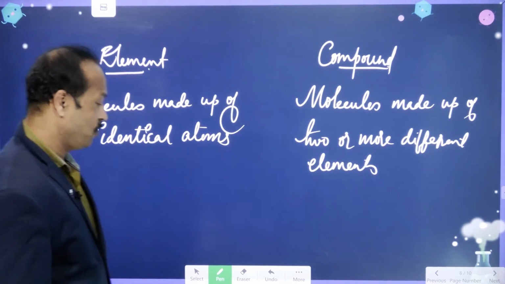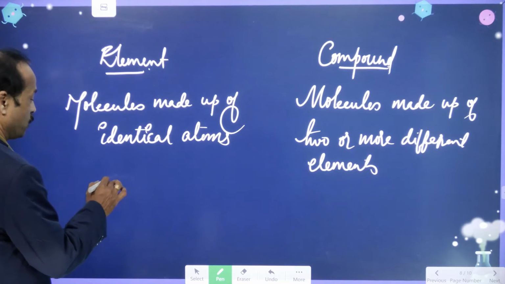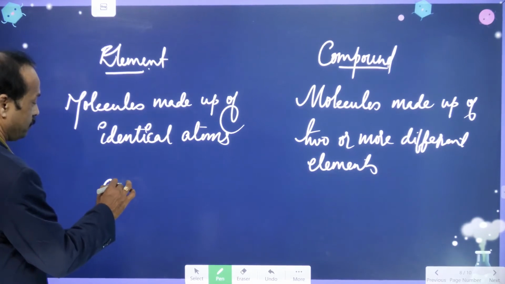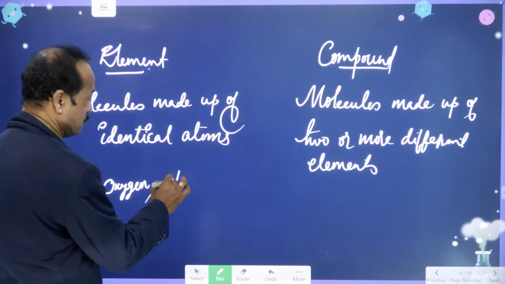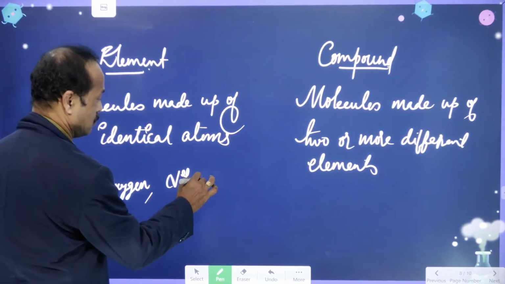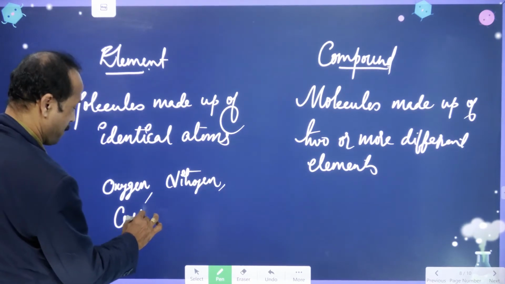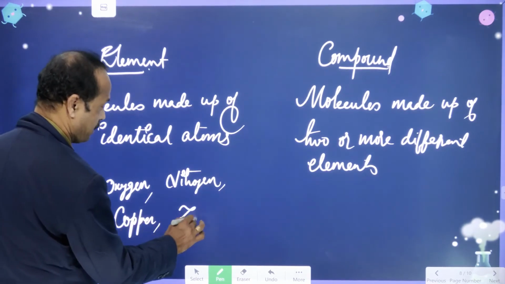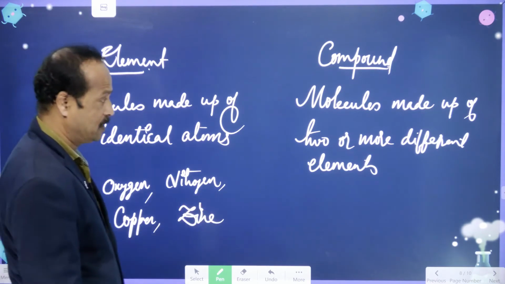Now, what is an example of an element? We can take oxygen, nitrogen, copper, zinc. These come under the elements.